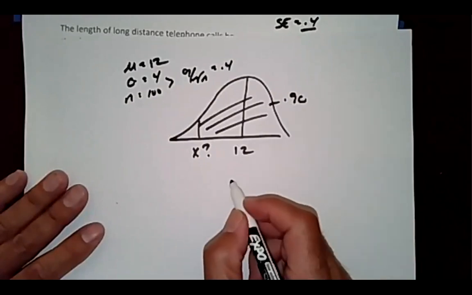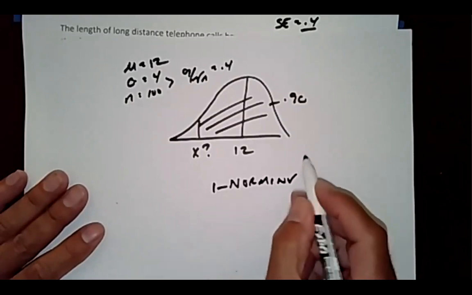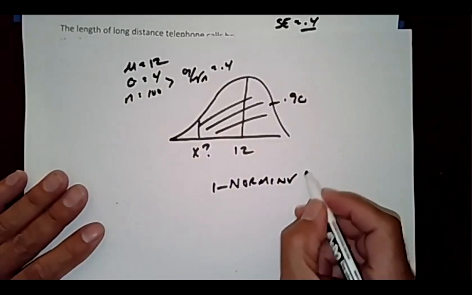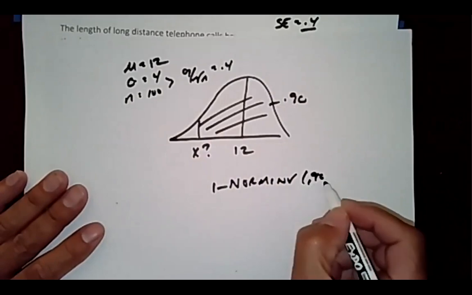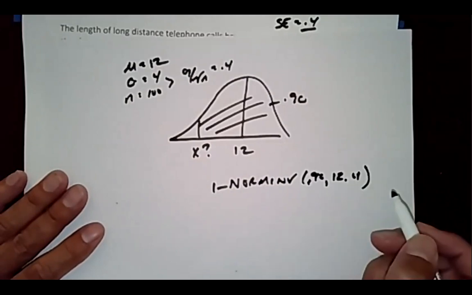You wrote 1 minus norm INV, and you said 90%, so you wrote 1 minus norm INV of 0.9, comma 12, comma 0.4.